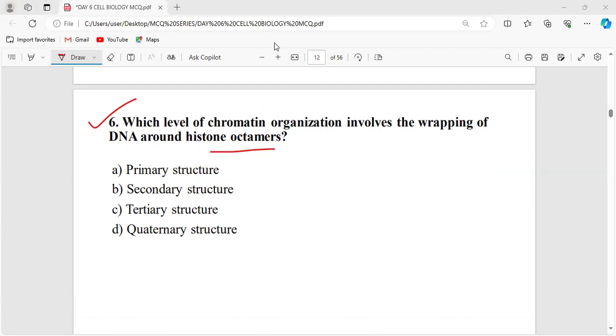And what is the function of this histone protein? It is the one going to wrap up the DNA. When it is attached with the DNA, it makes the DNA into a condensed form, which we call chromatin.